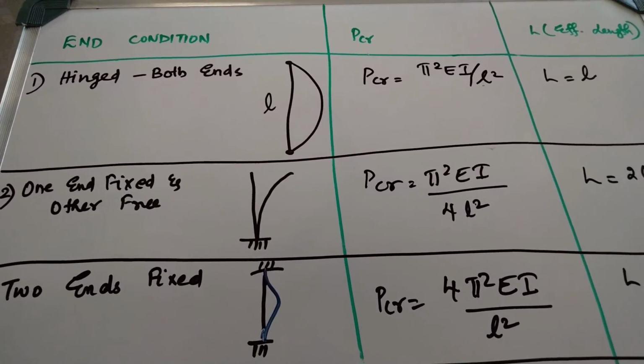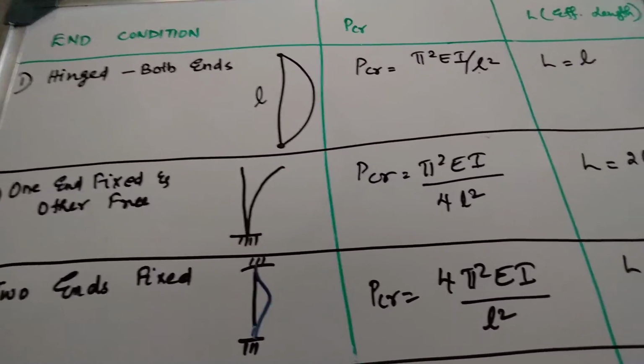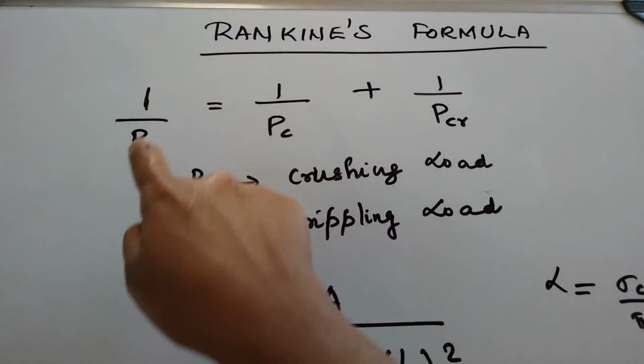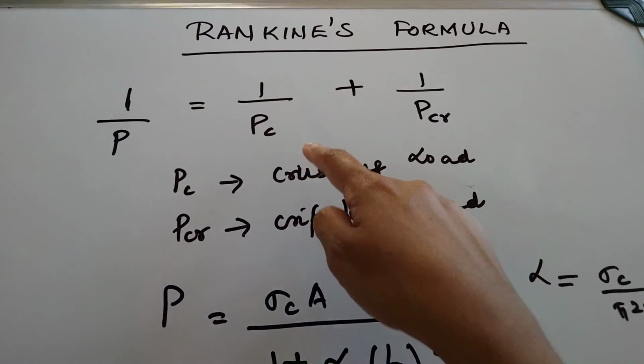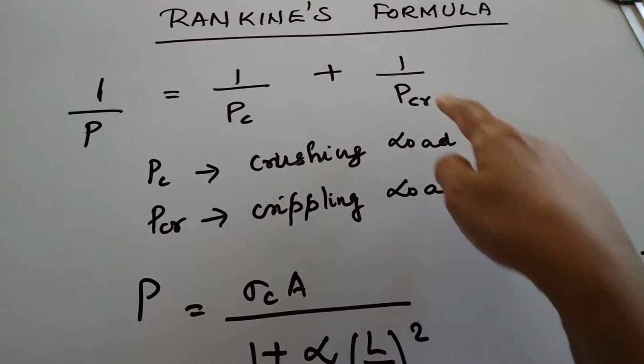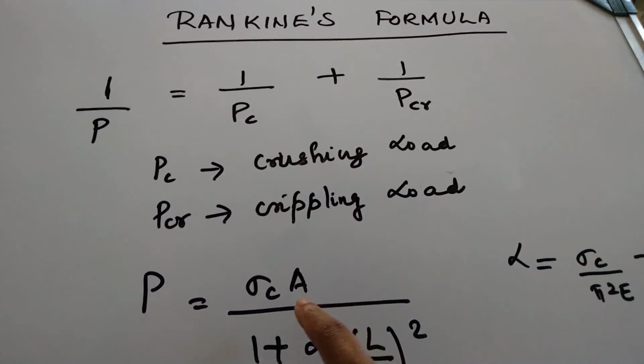So we resort to the next method of analysis, that is Rankine's formula. Rankine's formula is given by 1 by P is equal to 1 by PC plus 1 by PCR, where PC is the crushing load and PCR is the crippling load. It is applicable for both short columns and long columns.